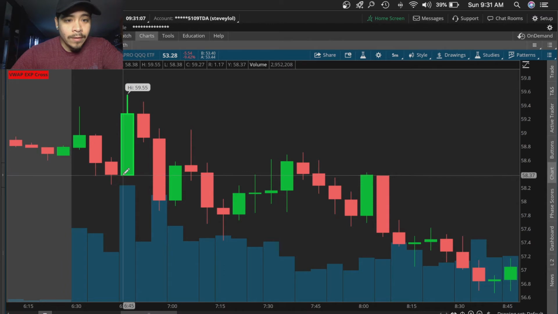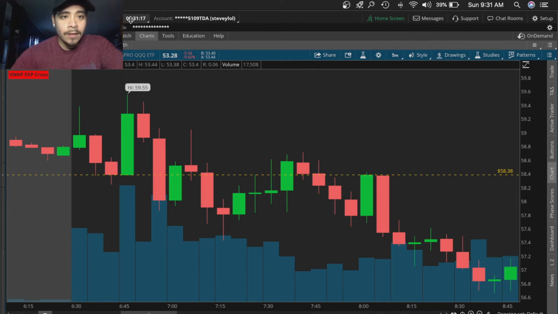Let's start right here, 6:45. The candle begins at 6:45. This is how you could reference when a candlestick opens. Let's say it hits 9:30, and then a new candlestick will form.